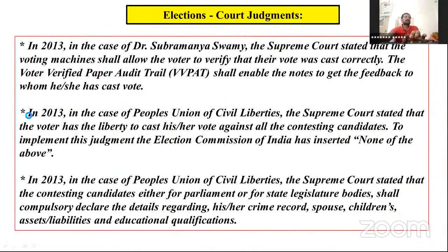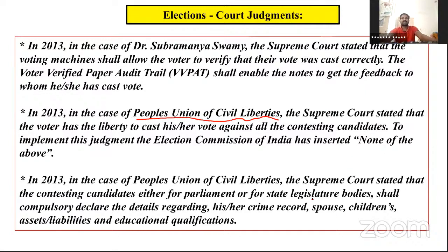Next, see this second case in 2013, the case of People's Union for Civil Liberties. This is very important. The earlier one was Subramanian Swamy versus Union government. At the same time, there is the People's Union for Civil Liberties case. What happened here?